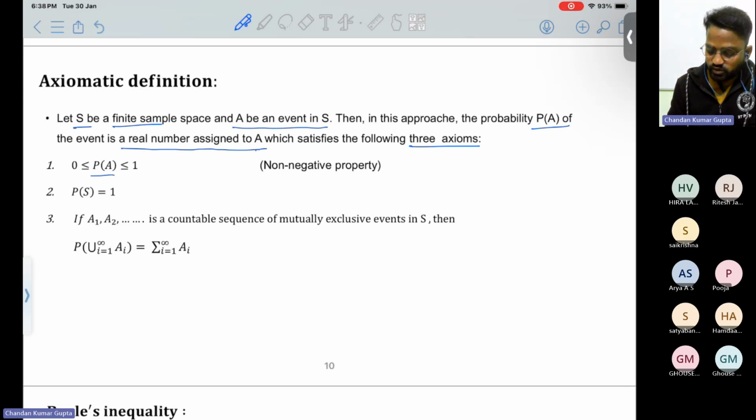The first one is that the probability must lie between 0 and 1. This is the non-negativity property. The second one is that the probability of the sample space is 1.